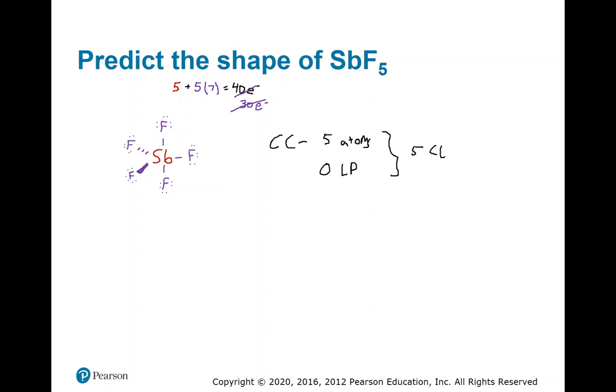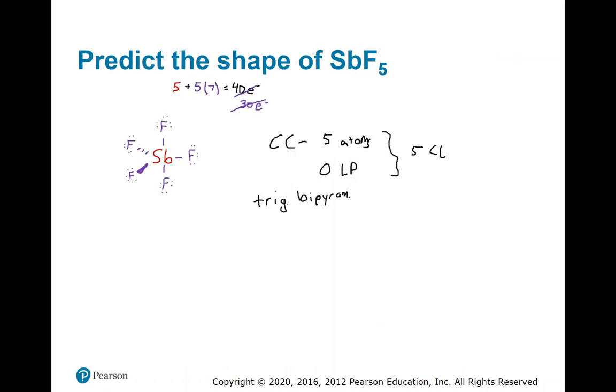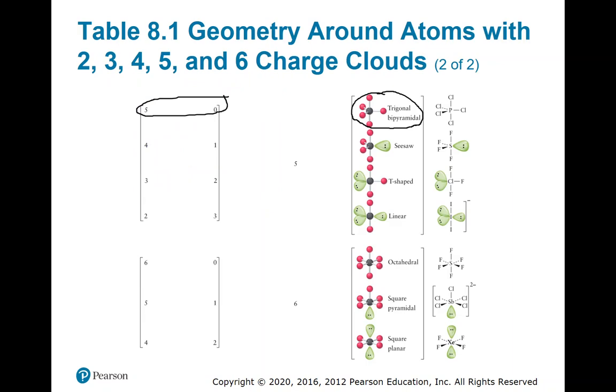And when all 5 of those charge clouds are atoms, in this case fluorine atoms, we're going to have a trigonal bipyramidal molecular geometry. If I go back a few slides, we can see right here, if we have 5 charge clouds and none of those are lone pairs, we have a trigonal bipyramidal geometry. Okay, so that is antimony pentafluoride.